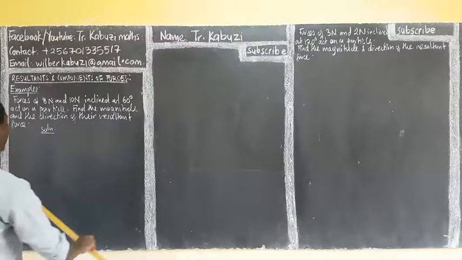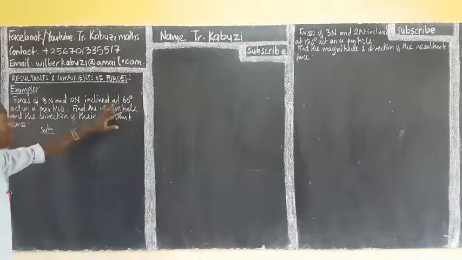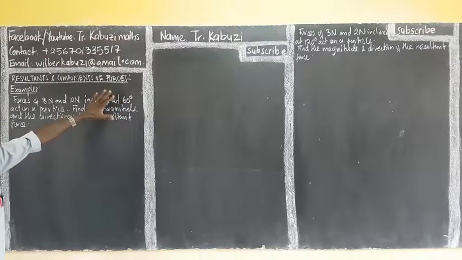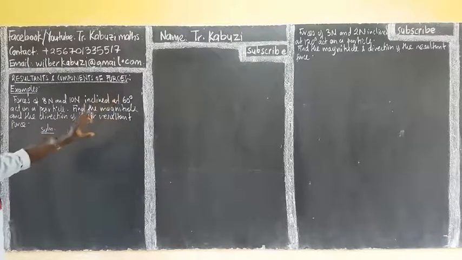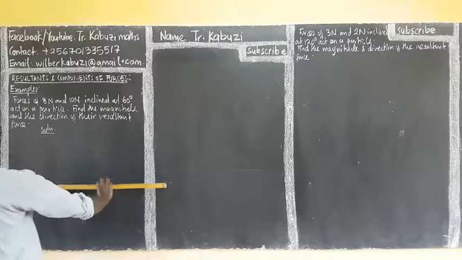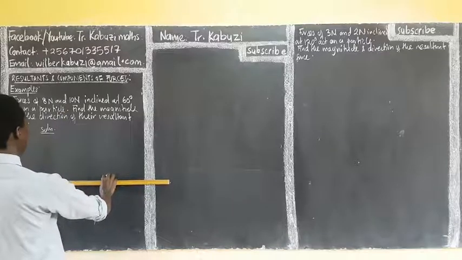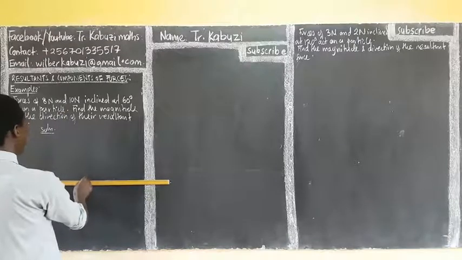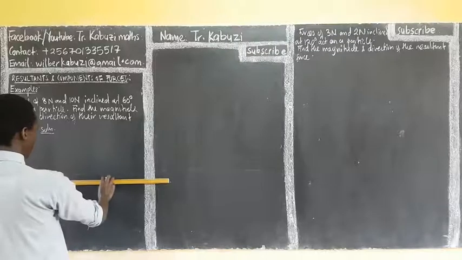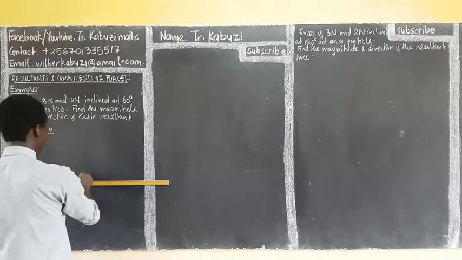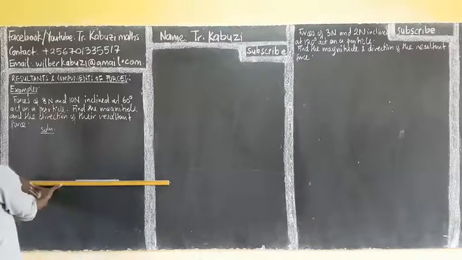So what we do first is, the moment you see that the angle is acute, you handle this question using the parallelogram of forces. So you first get your forces here. I'm going to assume these are my forces here. Then complete my parallelogram.